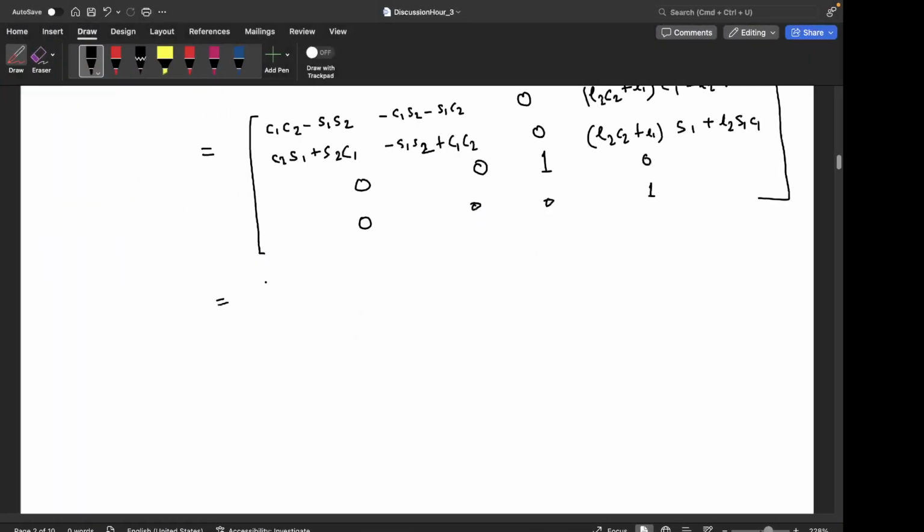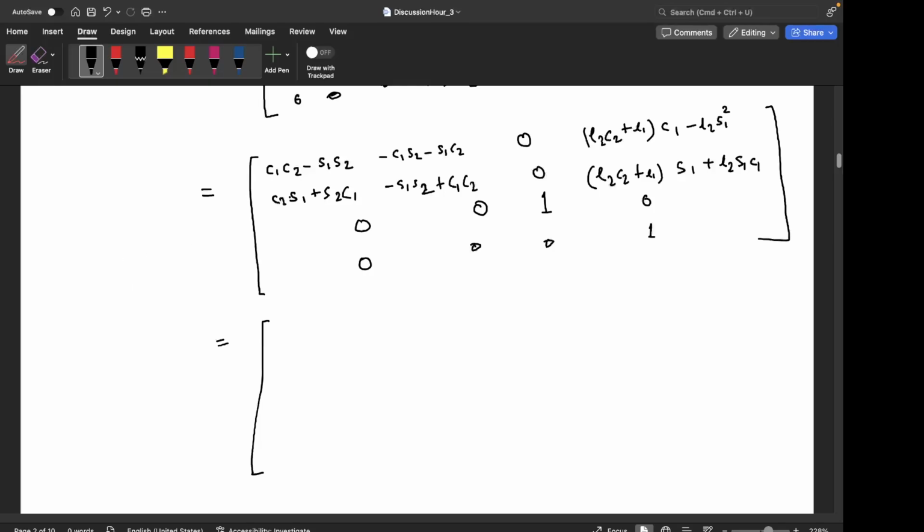So now we have multiplied this, and we will use some trigonometric identities to simplify these expressions. So this c1 c2 minus s1 s2, that is cos theta 1 cos theta 2 minus sin theta 1 sin theta 2.